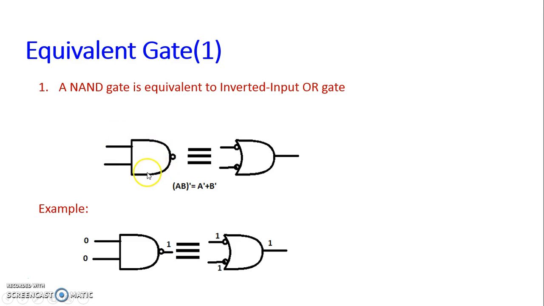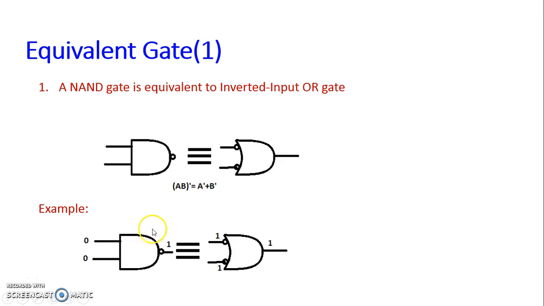This gate output is equivalent to if we invert the inputs and apply them to an OR gate. So A will be here, that means A bar, B bar, which is equal to (AB) bar, that is my NAND output. So in Boolean form we can write (AB) bar is equal to A bar plus B bar, which is coming from this gate.